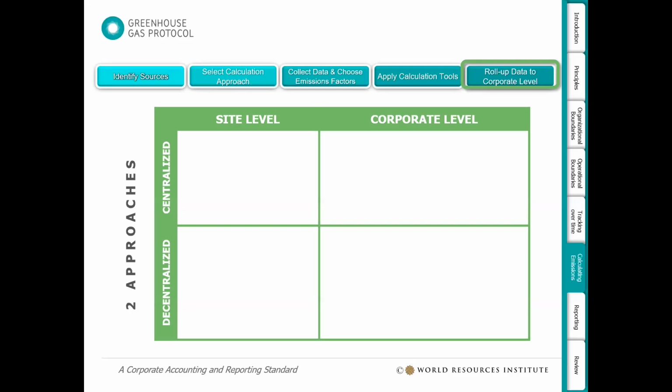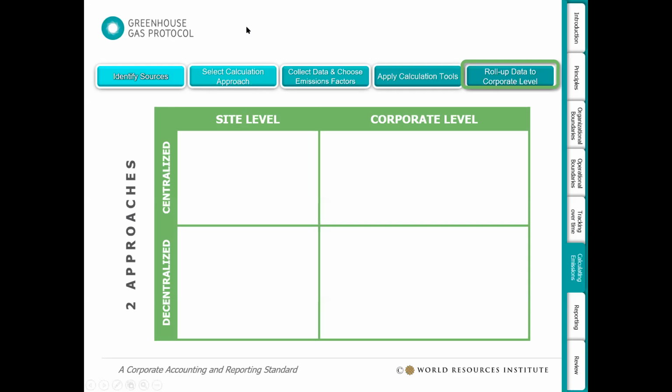And in turn, in the decentralized approach, individual facilities collect activity data. They directly calculate the emissions using approved methods, and then they report those data to the corporate level. So the difference between these two approaches is in where the emissions calculations occur and in what kind of quality control procedures are put in place at each level of the company.